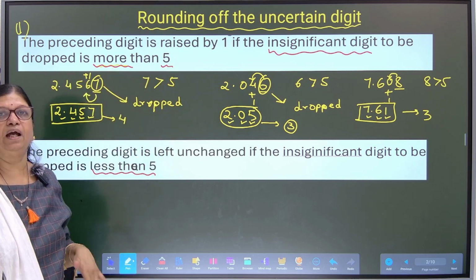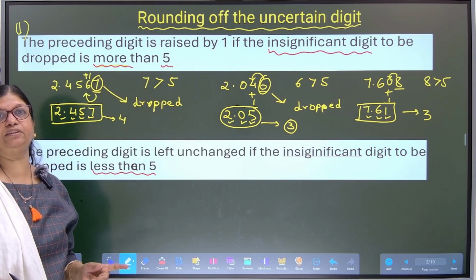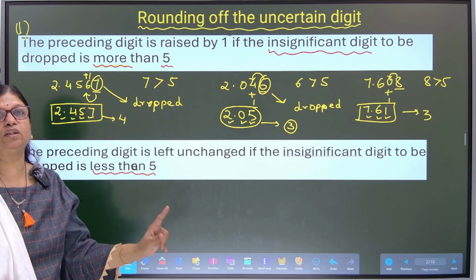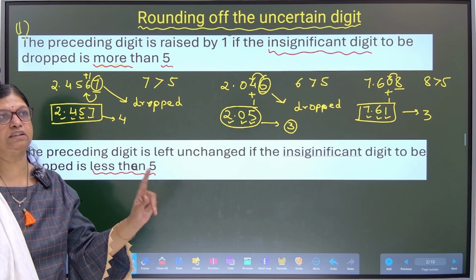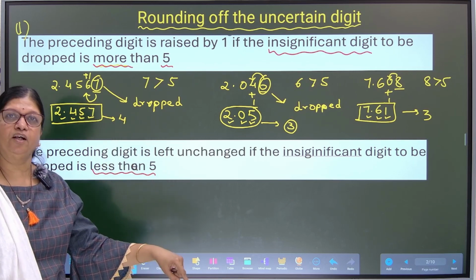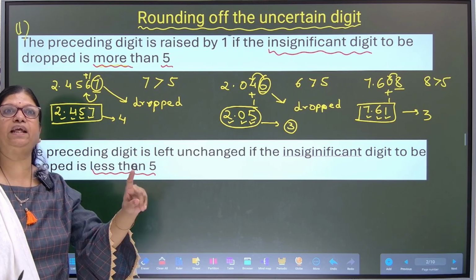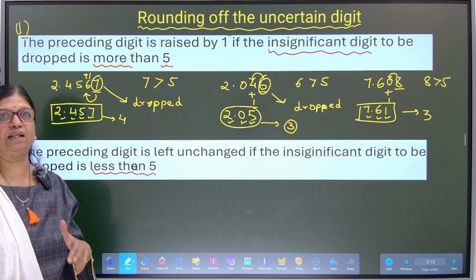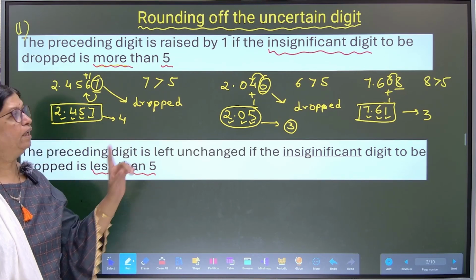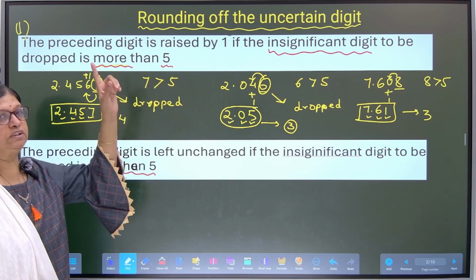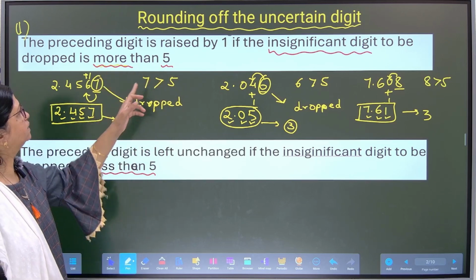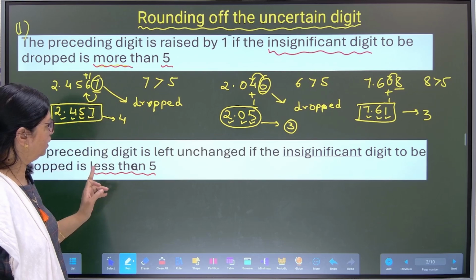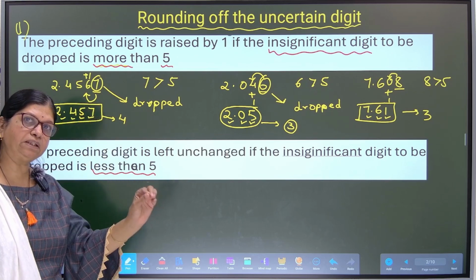Simply drop it, and the preceding digit does not change. No changes. Here we added 1, here we don't have to change. When you study, if you do a comparative study, it is easier to remember. Here the digit to be dropped is greater than 5, here it is less than 5.